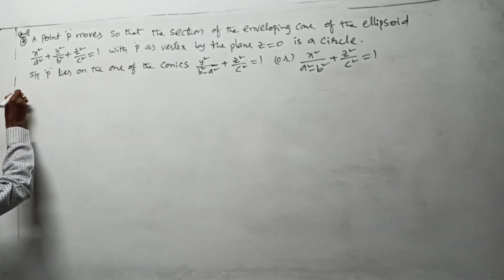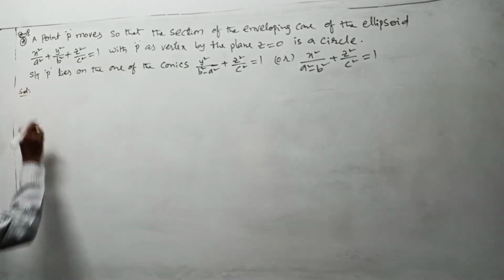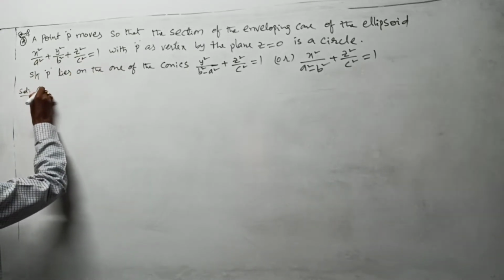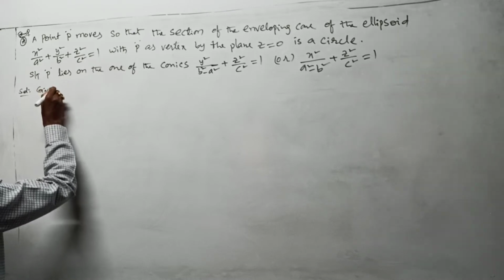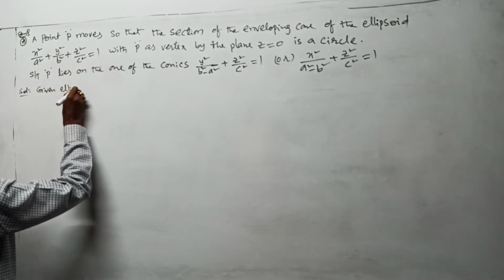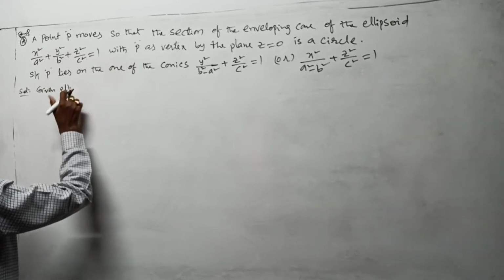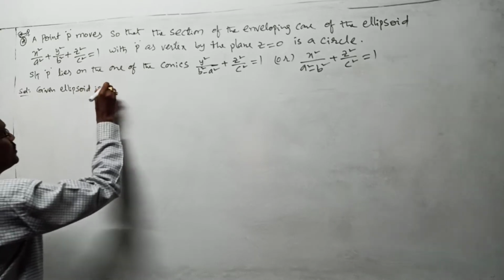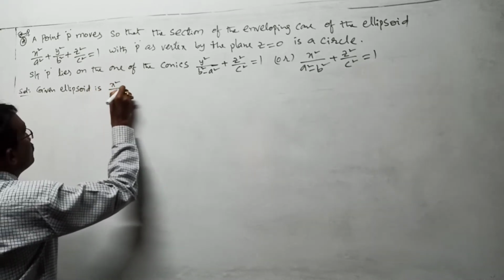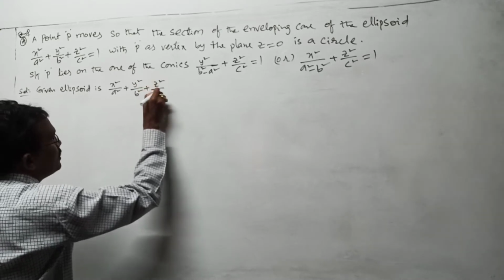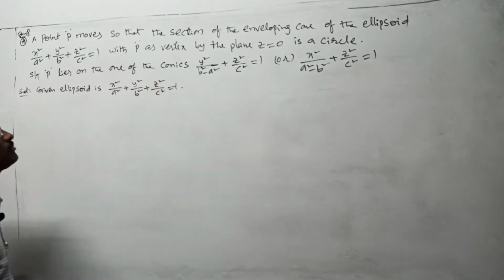Yes, see the solution step by step. First of all, I want to take the given conicoid. The given ellipsoid, otherwise you can say conicoid or ellipsoid, is x square by a square plus y square by b square plus z square by c square is equal to 1.